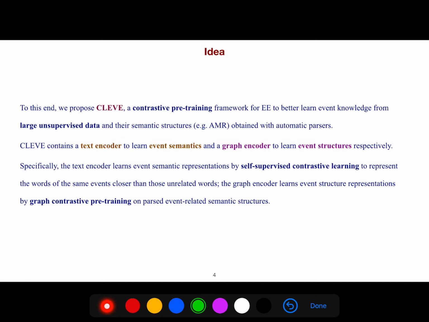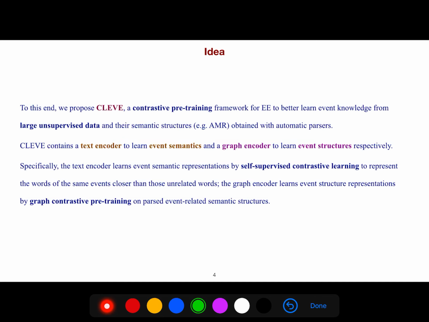AMR, for example, abstract meaning representation, obtained with automatic parsers. CLEVE contains a text encoder to learn event semantics and a graph encoder to learn event structures, respectively.